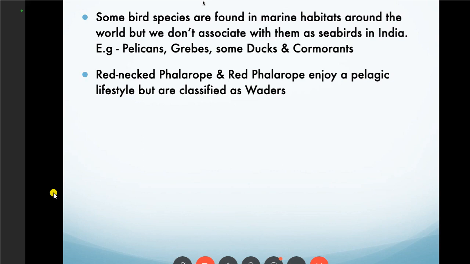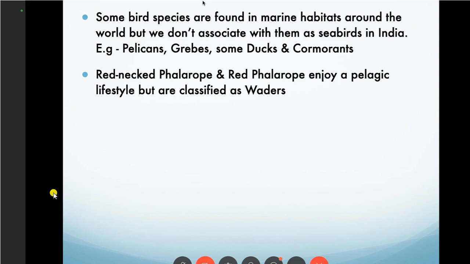Now let's take up these two birds, the red-necked phalarope and red phalarope. We do get these birds. We have records of these birds in Mumbai and around Mumbai, and they enjoy a very pelagic lifestyle. In fact, they hunt very magnificently in small pools or even in oceans, where they go round and round with their legs and try to catch prey.